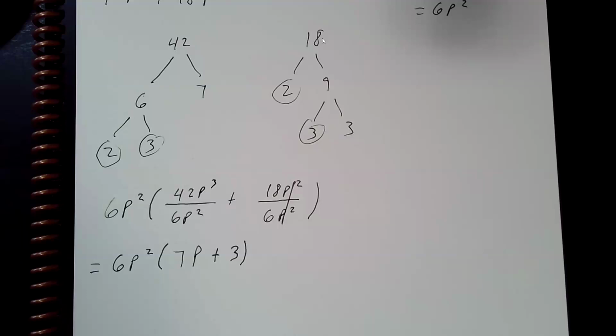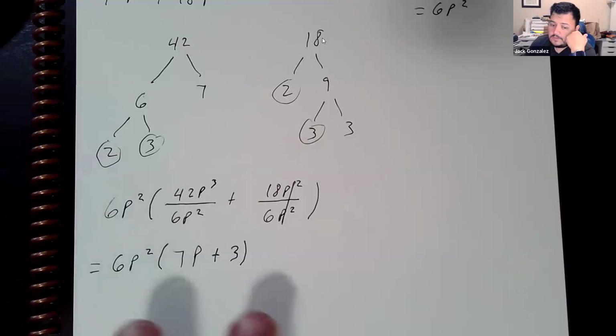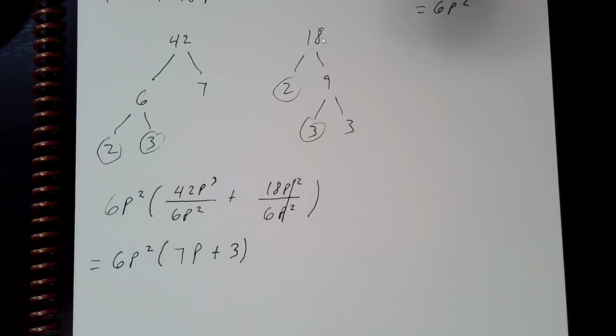No, sir. I think I understand it now. So this is the answer they want. I have a question. On the second part of the equation, the 18p, why did you put the line there?